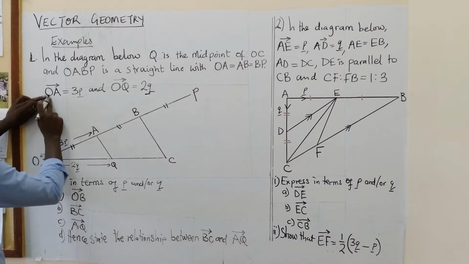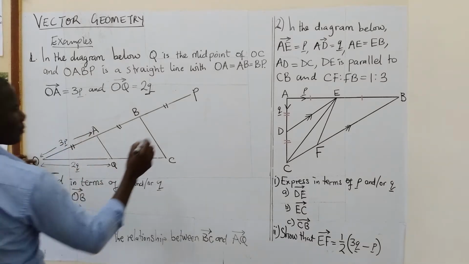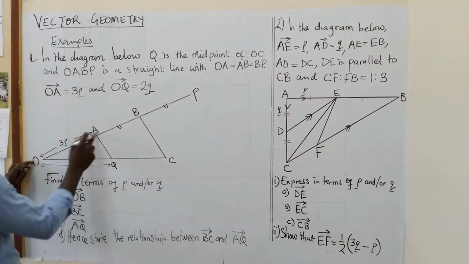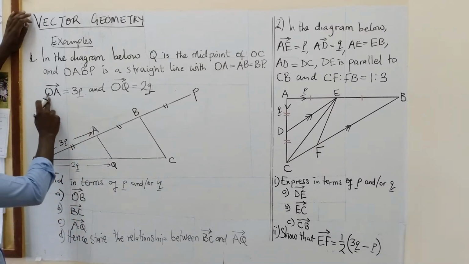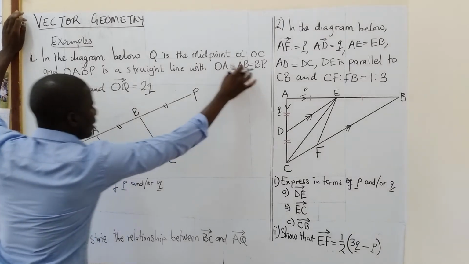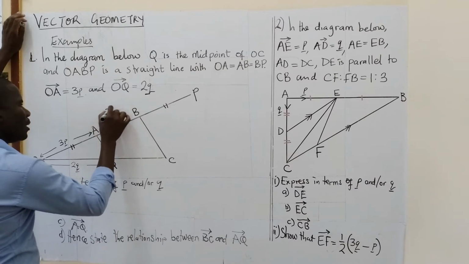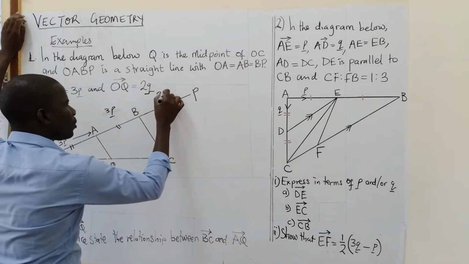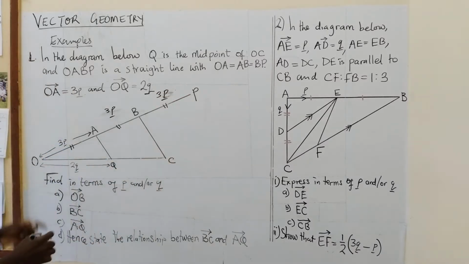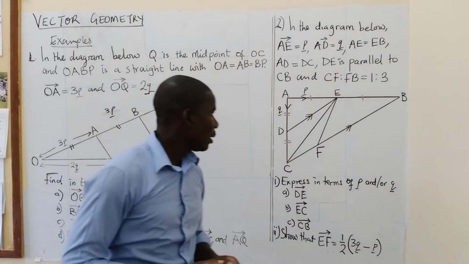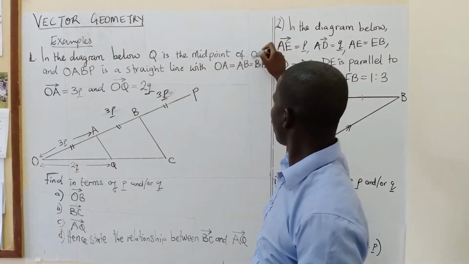This one is OA, so from O up to A it is 3P. And we have been told that OA is equal to AB, so this is also 3P, and even this one here is also 3P. We also read together that Q is a midpoint of OC.